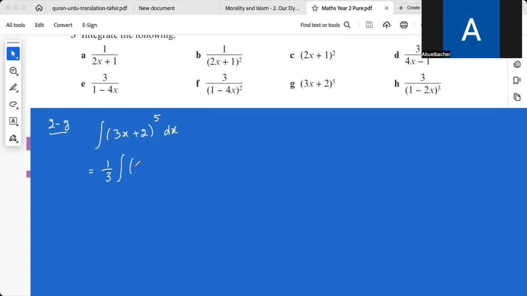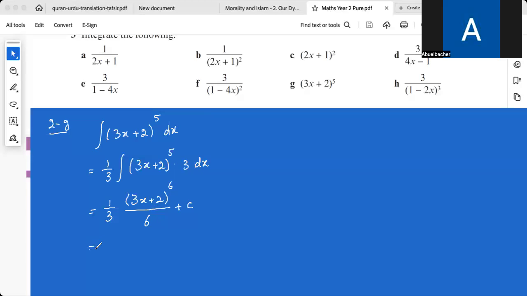Sorry, so the derivative of 3x plus 2 is 3. So we are dividing it by 3 and also multiplying it by 3. So now we have this condition of a function and its derivative. So you can write 1 over 3, and the answer is 3x plus 2 to the power 6 divided by 6 plus c.